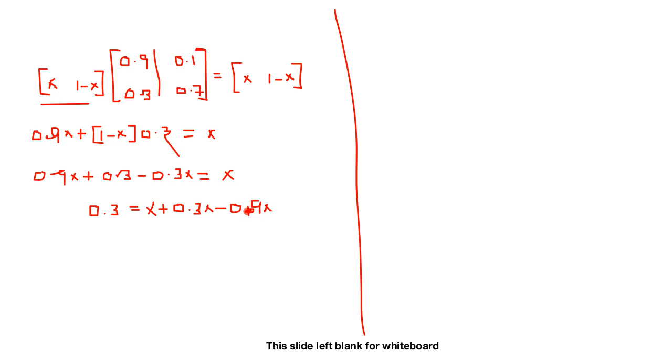Okay, so we can collect the like terms. On this side, we'll have 0.3. What about on the other side?